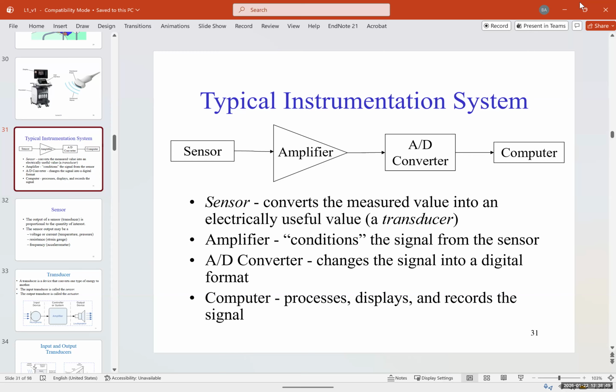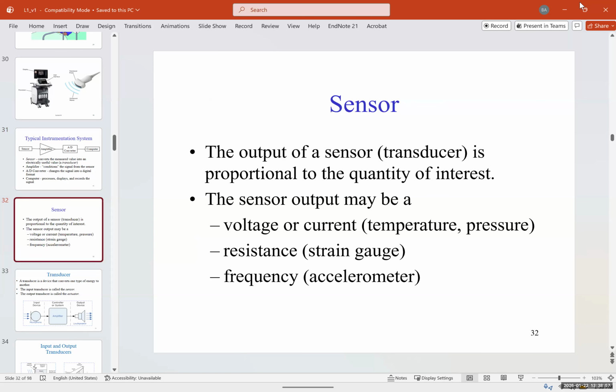Now, I'll give you some examples of some sensors, and then we will go through amplifiers, A to D converters, and also the computer or microcontroller part. The output of a sensor or a transducer is proportional to the quantity of interest.